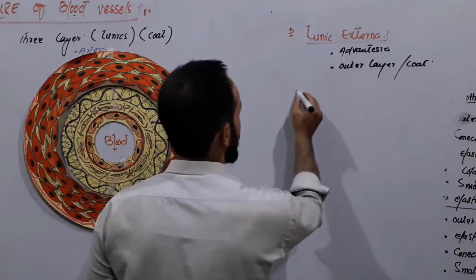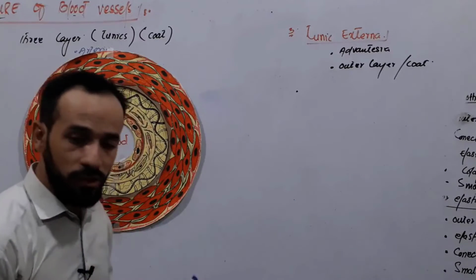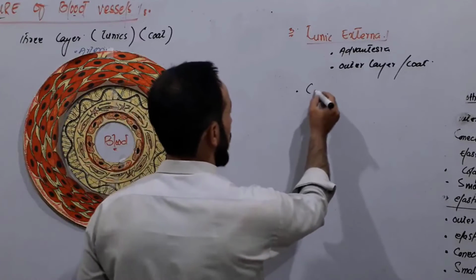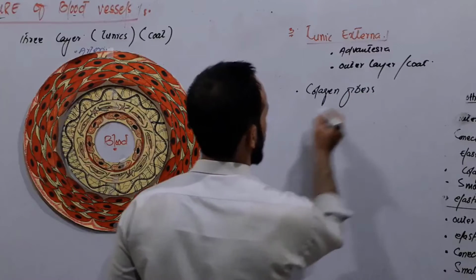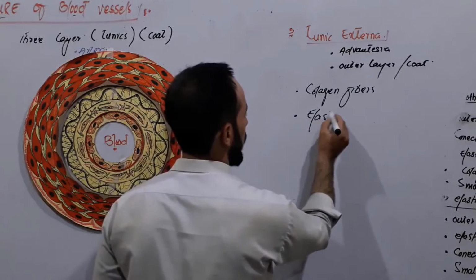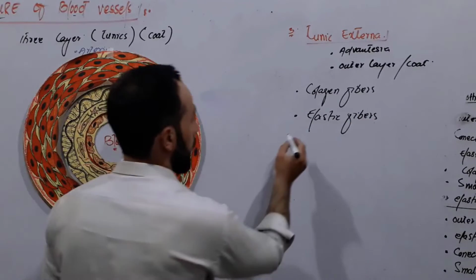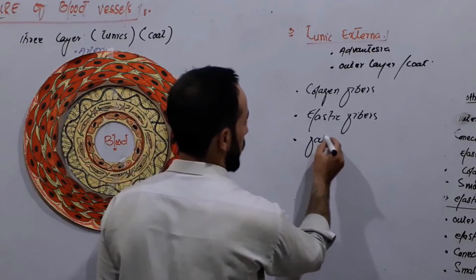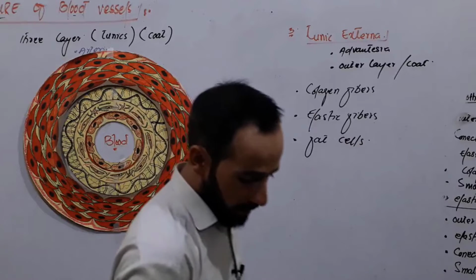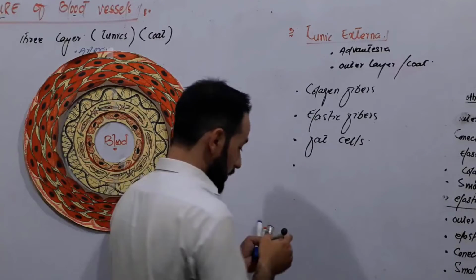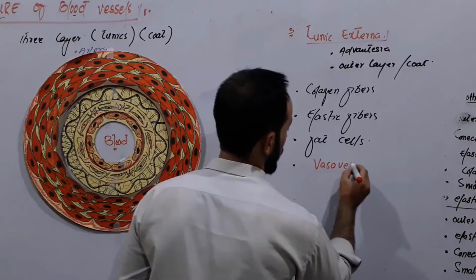Friends, this tunica externa is mostly protective in nature, right? It is mostly protective in nature, so it contains a lot of collagen fibers. It also contains a lot of elastic fibers, and some fat cells are also there. Then we have the most important things, that these are called the vasa vasorum.